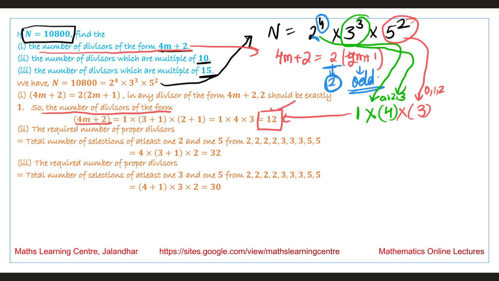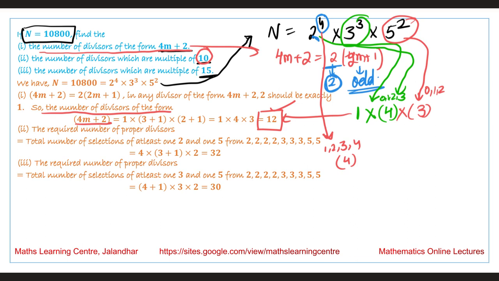Next is the number of divisors which are multiple of 10. When we are saying that it is a multiple of 10, it means we are talking about the factors which should include at least 1 two and 1 five. So the number of options for the power of 2 we can choose is 1, 2, 3 and 4. So we have 4 options.